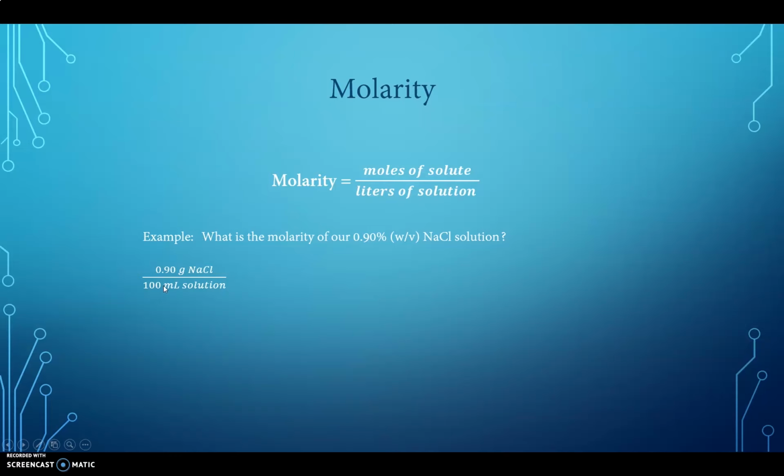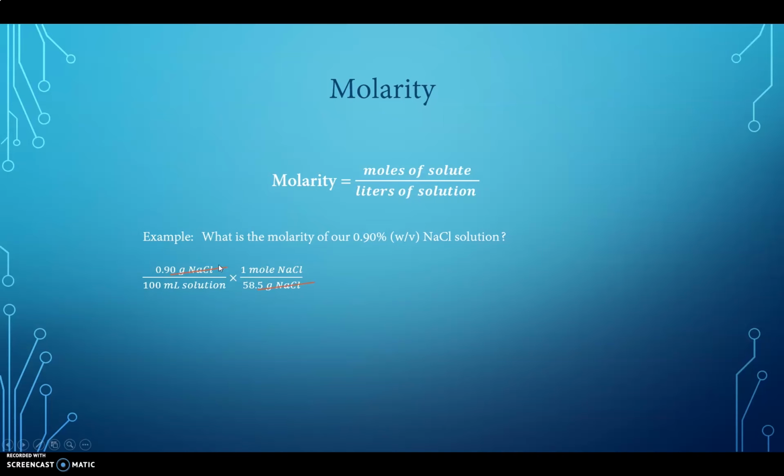So if you look at it, it's actually two pretty simple problems. The first thing we need to do is change the top, the numerator, from grams to moles, which we spent a lot of time doing back in chapters 9 and 10, using the molar mass of the substance. And then going way back to chapter 1, we simply need to change milliliters into liters. So our first step, we're going to convert the grams of sodium chloride into moles of sodium chloride using the molar mass of salt as our conversion.